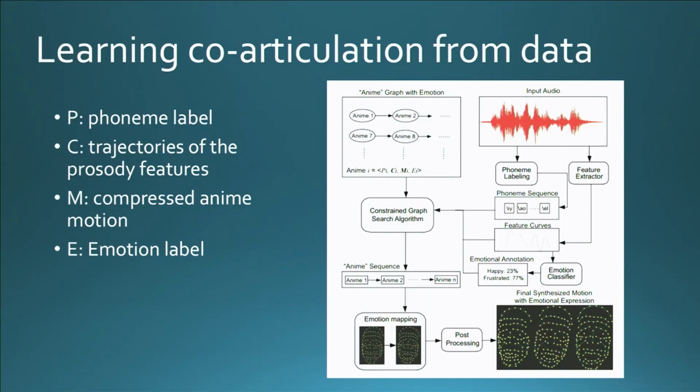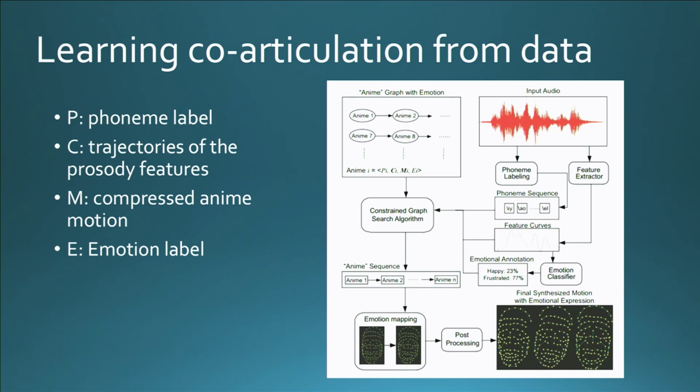If you look a little more closely at the architecture here, I mentioned the anim graph, or the motion graph. You can see there's a node for the representation of each of these small chunks of motion, and each of them is composed of 4 components: the phoneme label, trajectories of the prosodic features coming from the audio, compressed animation motion, and the emotion label.